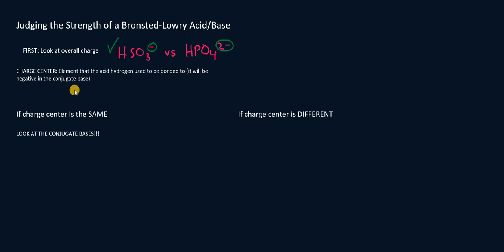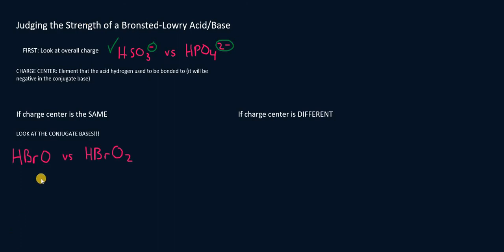If you look at the conjugate base of your acid, the charge center will be negatively charged. And there's two different scenarios when it comes to the charge center. If your charge center is the same, you're going to look at resonance and inductive forces, depending on the scenario. So first let's talk about resonance and how resonance affects things if your charge center is the same.